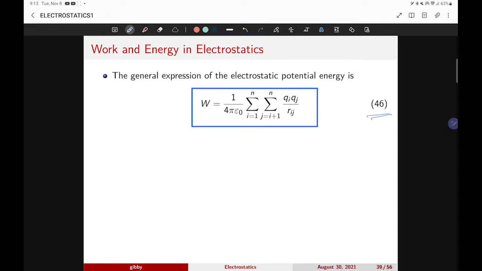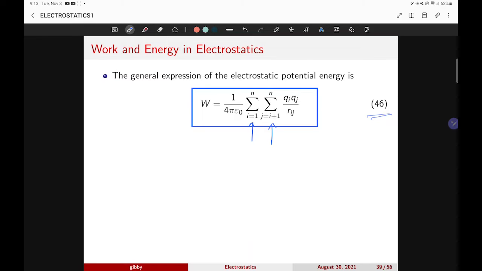Okay, so take a look at the sum. This is i equals 1 up to n. This is i equals 1 up to n. And this is j equals i plus 1. So meaning ang i should not be equal to j, which makes sense. Okay?